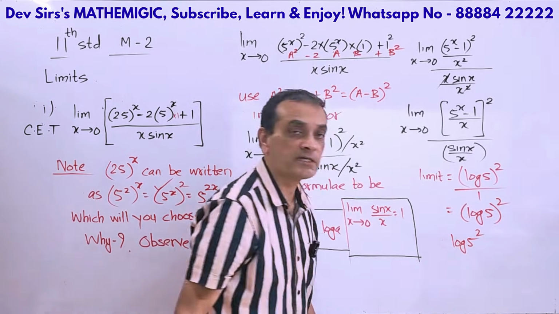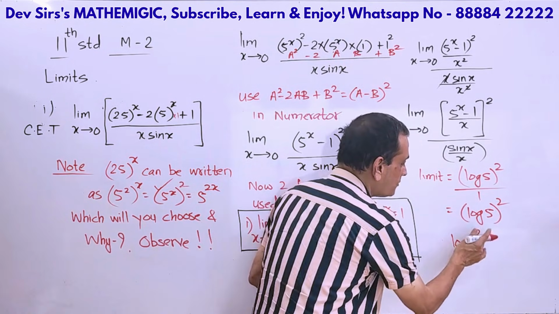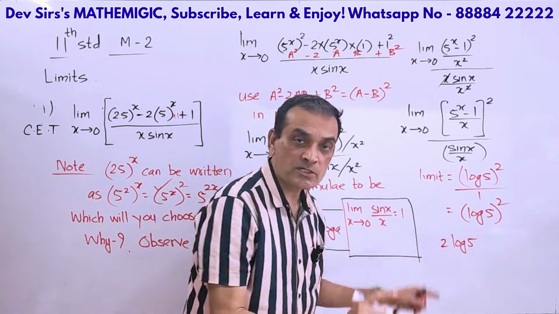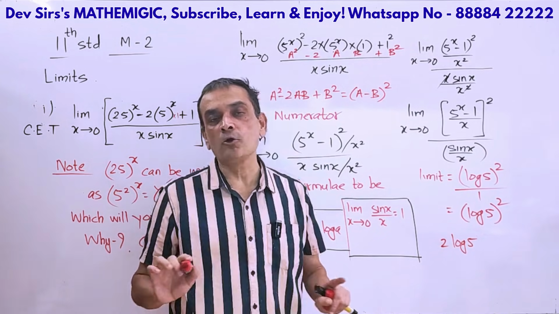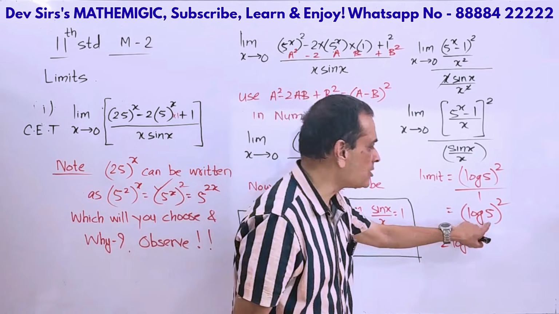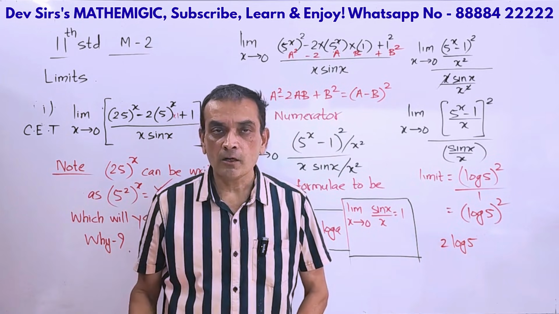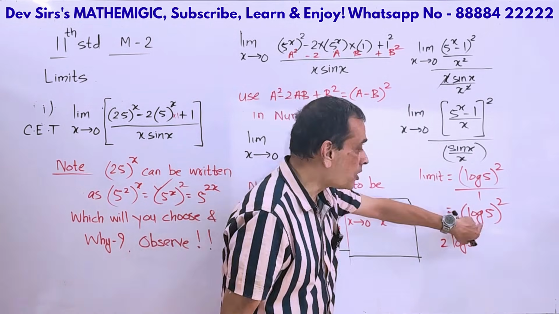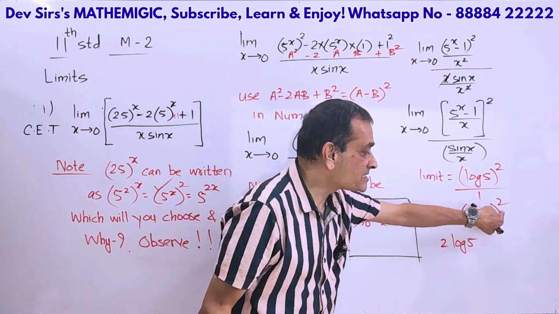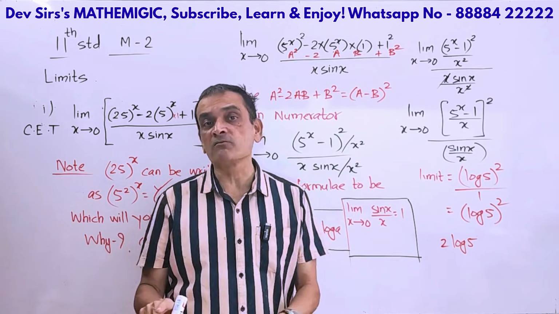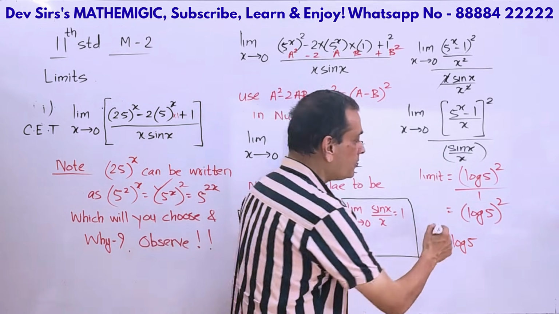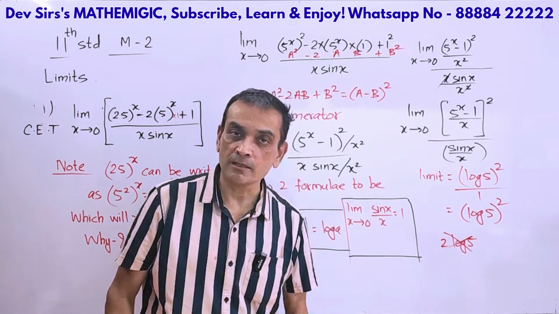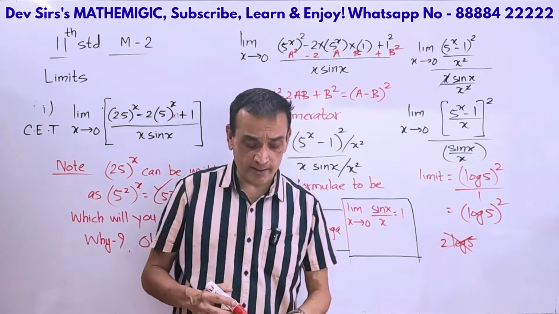Log of 5 squared, if it is there, then you are allowed to bring the 2 in front, 2 log 5. But log of 5 bracket squared, you can't do anything about it. You have to leave the answer as log 5 bracket squared. Because it is log 5 into log 5. Or you are not allowed to write log of 25. You cannot take the square of 5. It is log 5 bracket squared. So first thing is, don't write 2 log 5. Keep it as it is. This is the answer. This was the important tip for today.